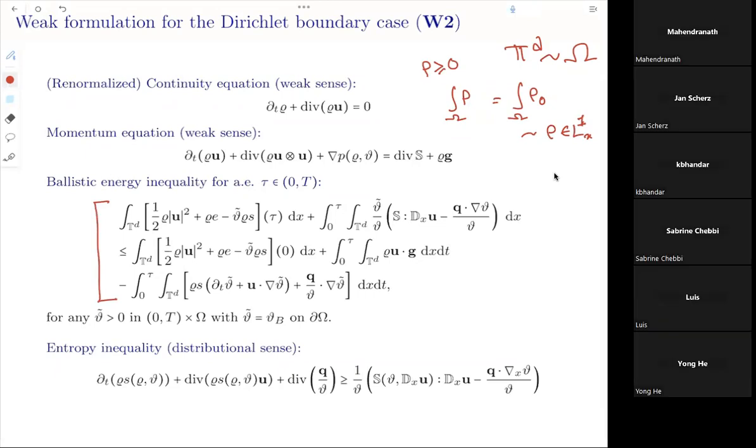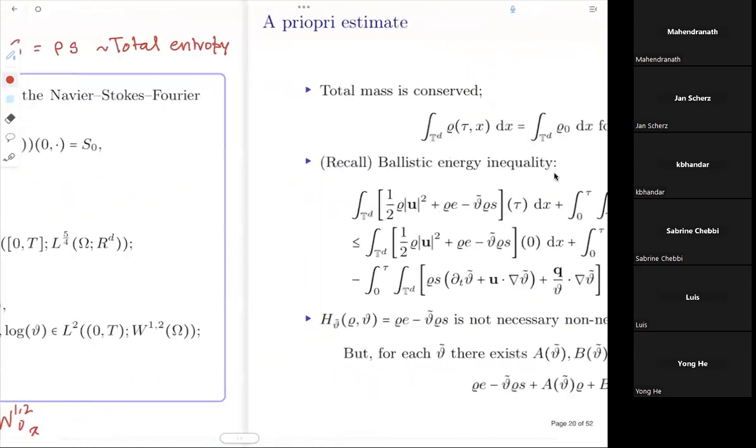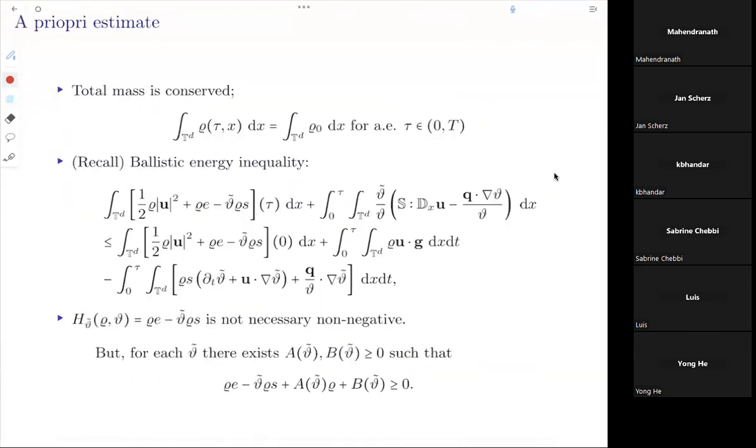And this is the thing that we would like to do. So that's what I say, the total mass is conserved, at least for almost every time. Now we have this ballistic energy inequality. But the first problem is that if we look carefully, from a structural hypothesis, we cannot say that this quantity has always a strict sign, or even strictly non-negative in some way.